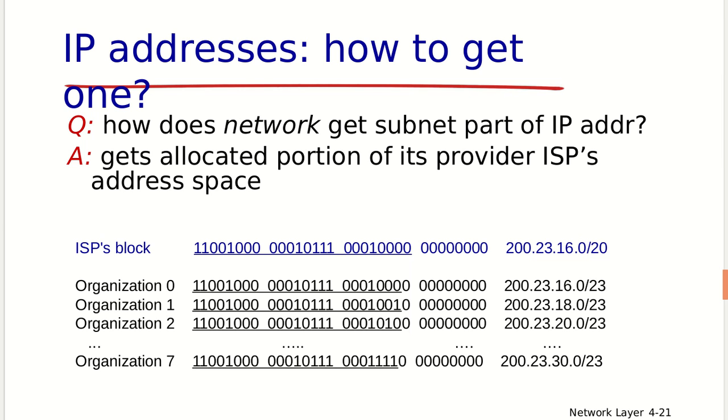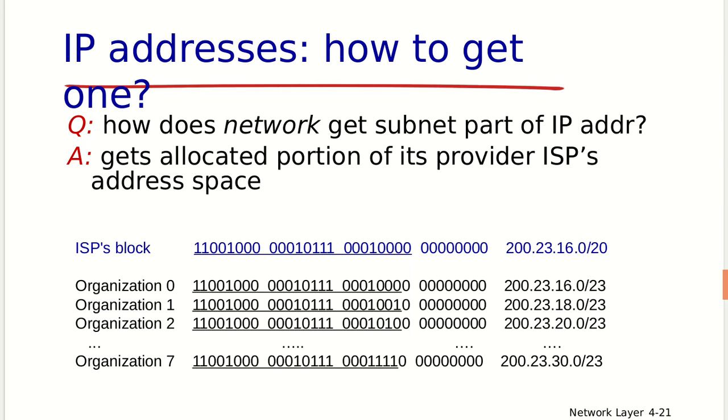The remaining bits, in this case 9 bits, are to be used for the actual hosts within that organization. The organization is free to use those complete 9 bits or further divide the network by borrowing more from the 9 bits, depending on its own design.